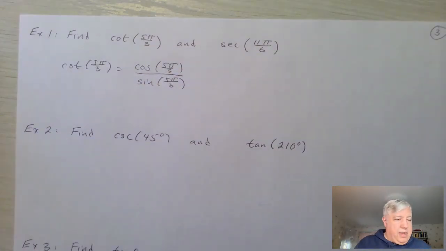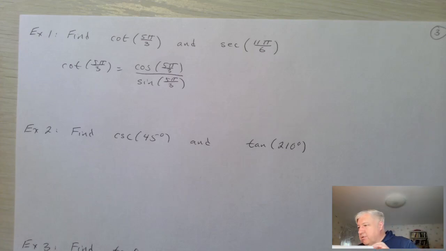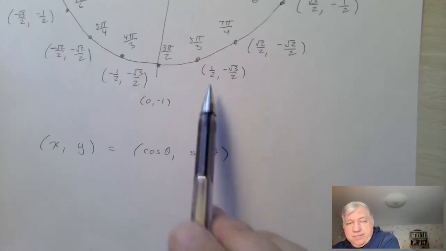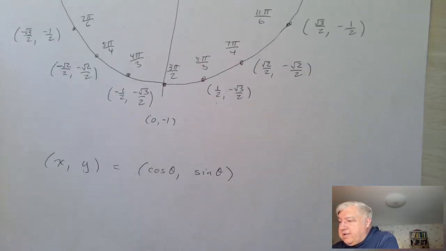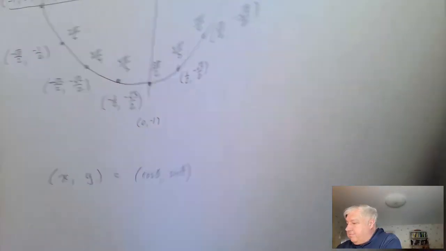Okay, and well, what is that? Well, hopefully you're memorizing your trig values. And if you're not, then we just look at our unit circle, and we see at 5 pi over 3, the cosine is 1/2, and the sine is negative root 3 over 2.